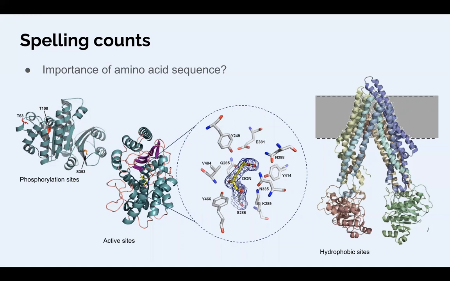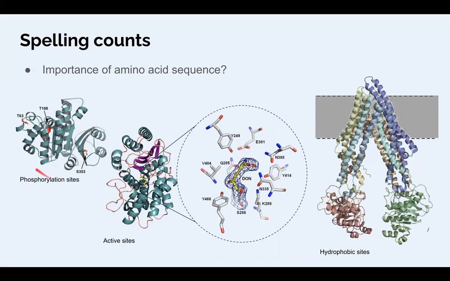So some examples here on the left is a set of phosphorylation sites. Phosphorylation is a process of adding phosphate groups to proteins, and you can think of it sort of as activating proteins. So if you attach a phosphate group to a protein, that can be a signal for it to do something, can signal to other proteins or whatever.